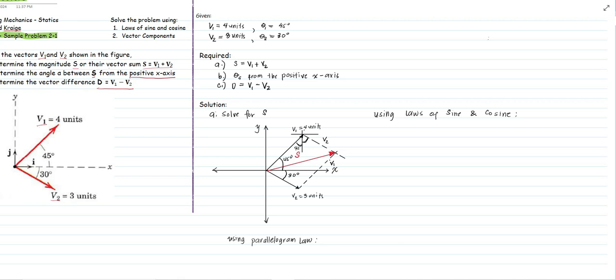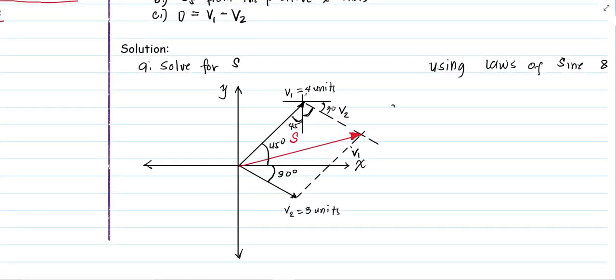In v2, we know that this is also 30 degrees as given. Therefore 90 degrees minus 30 degrees is equal to 60 degrees. Hence, the total angle between the vectors v1 and v2 is 45 plus 60, which is 105 degrees. Let us name this angle beta.